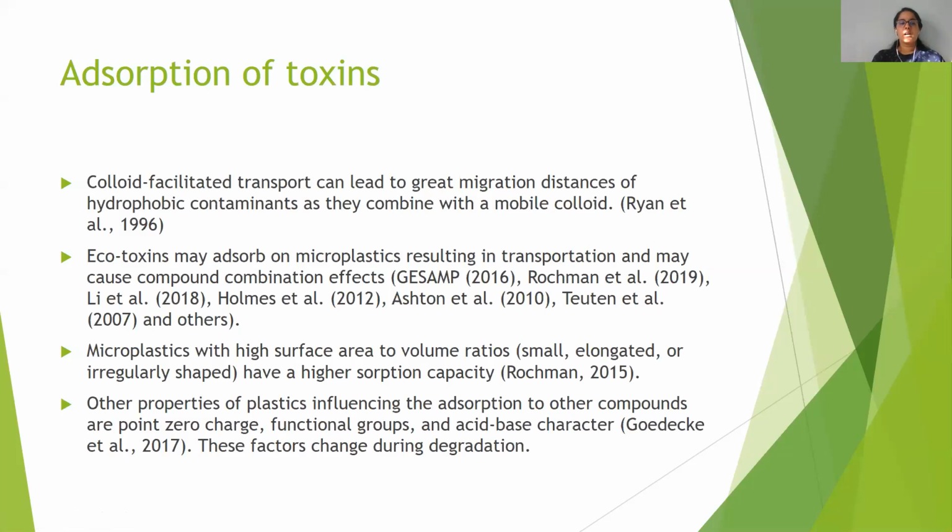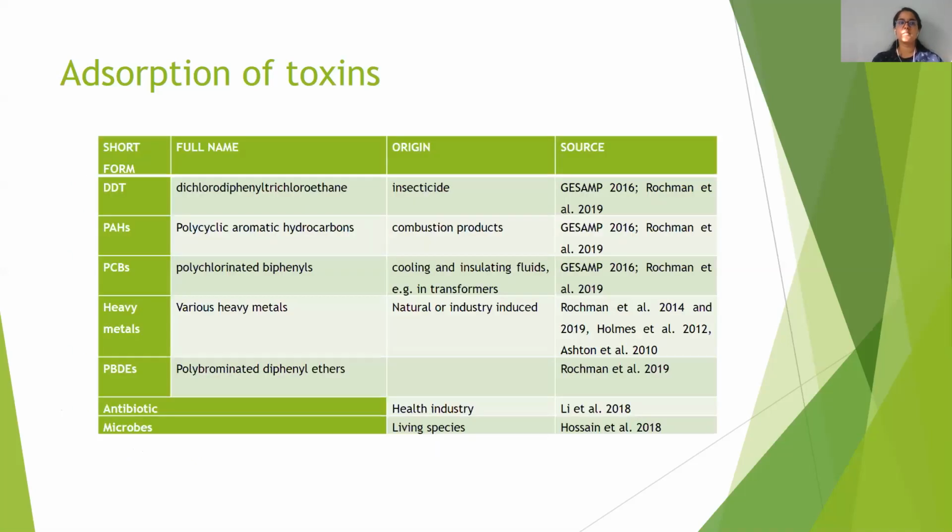And then other properties of plastics influence adsorption: charge, functional groups, and acid-base character. These factors are all changed in a plastic when they degrade, so obviously making it available for adsorption then.